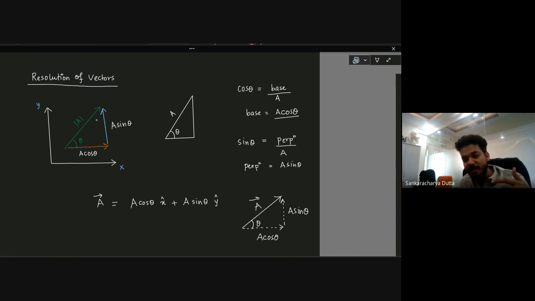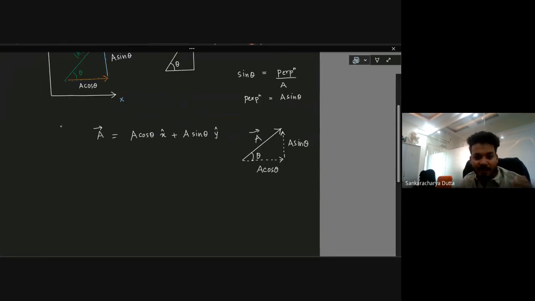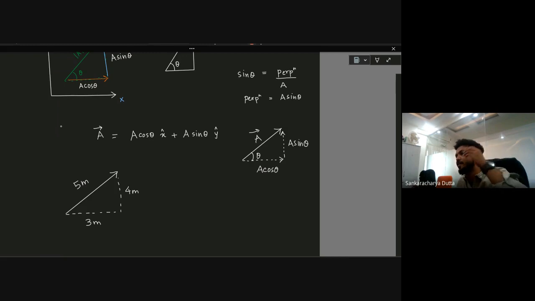For example, let's say the displacement is 5 meters in this direction. If I break it, can I make it 3 meters in this direction and perpendicularly 4 meters in this direction? So that random 5 meter vector can be represented as 3 meters in the x direction plus 4 meters in the y direction. Does this make sense?